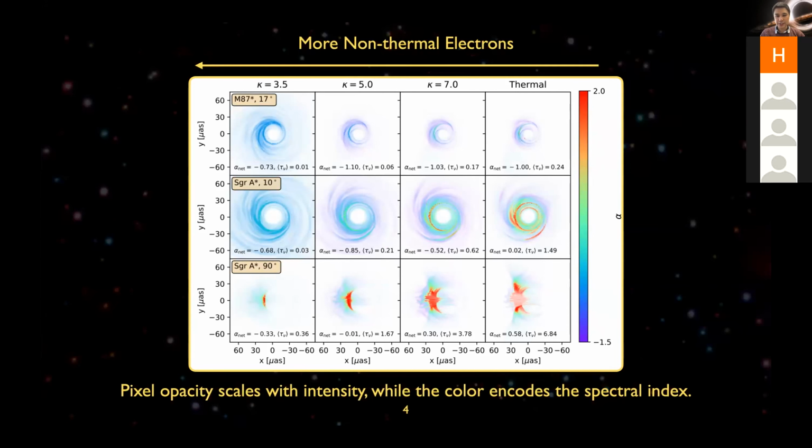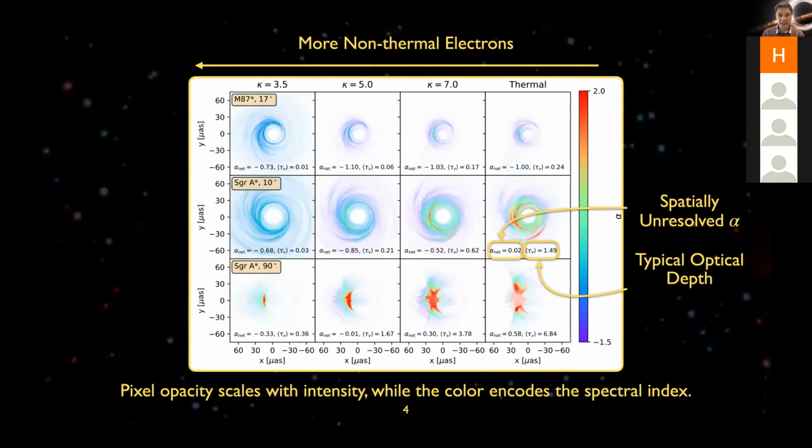And at the bottom of each of these panels, I've written a couple quantities. First, the spatially unresolved spectral index, which is all that we have access to at the moment, which I'm calling alpha net. And then the characteristic optical depth, intensity weighted across the image as well. You can see that this varies substantially with this particular snapshot, where we've got 0.01 on the top left and about 7 on the bottom right.